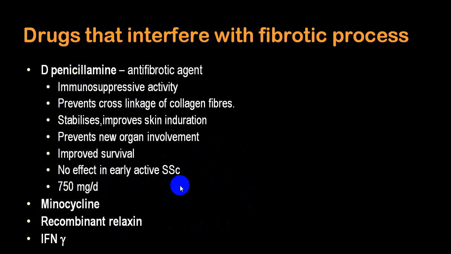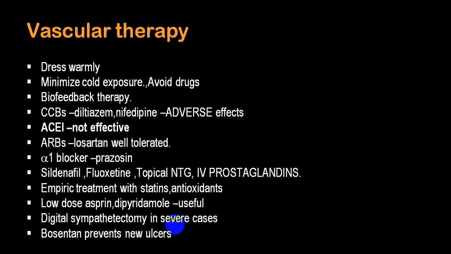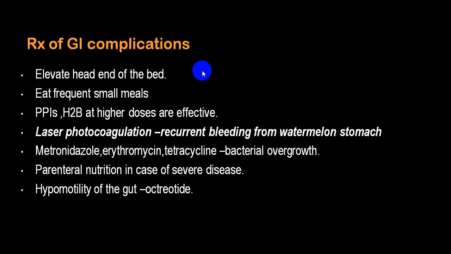D-penicillamine is also utilized, minocycline, etc. Vascular therapy, you can go for ACE inhibitor, CCB, alpha blockers, etc. All those are being utilized. In GI complication, mainly proton pump inhibitor, H2 receptor blockers.